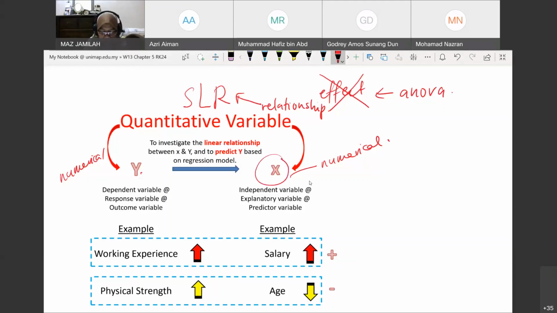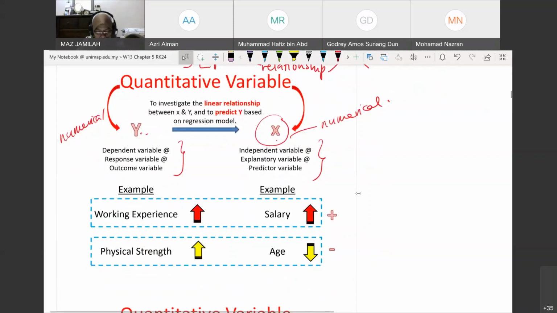Simply put, whenever x changes, y will change. Last time I also discussed how we can name our y variable and x variable: dependent variable, response variable, outcome variable.